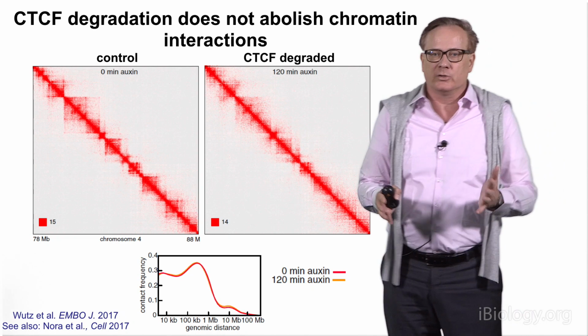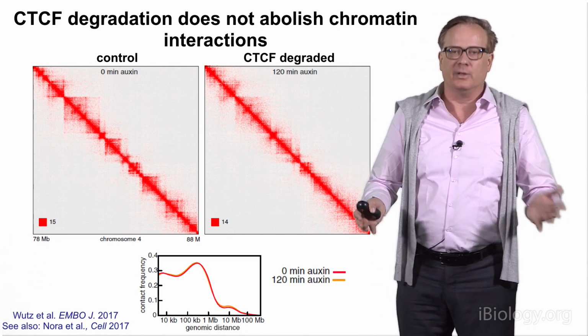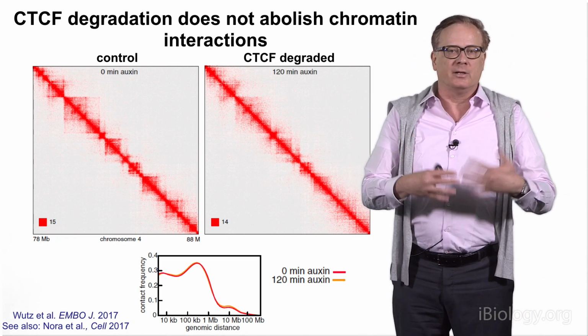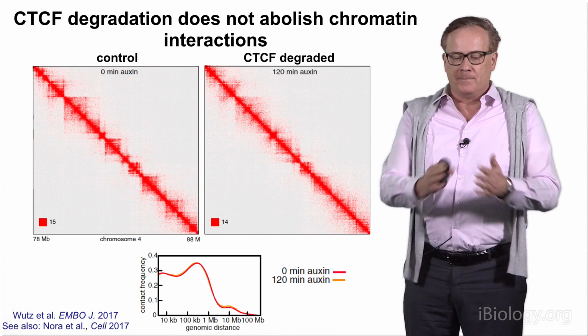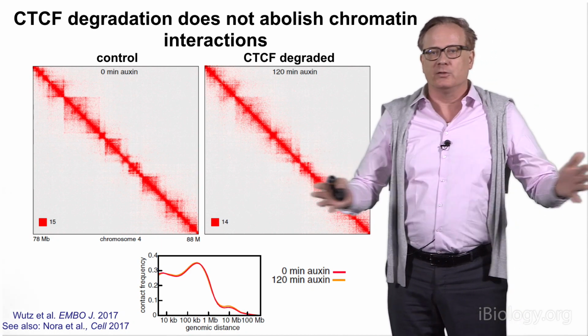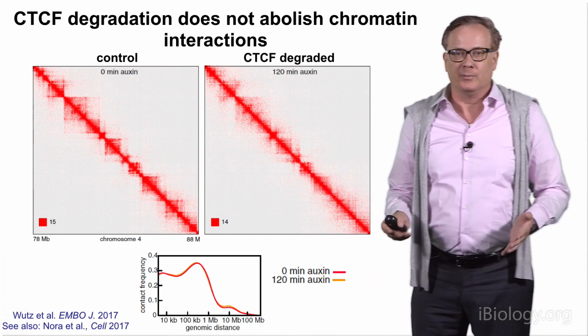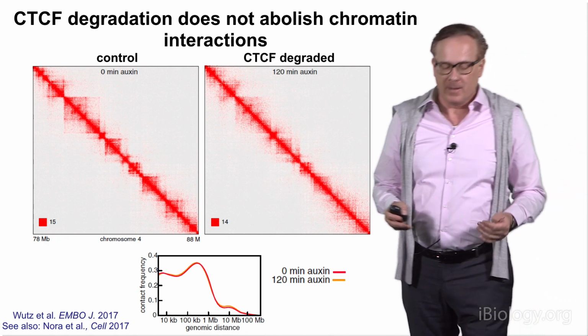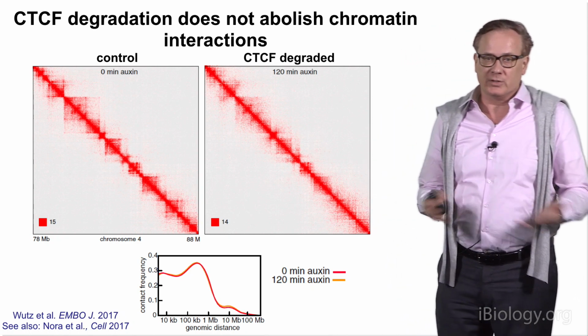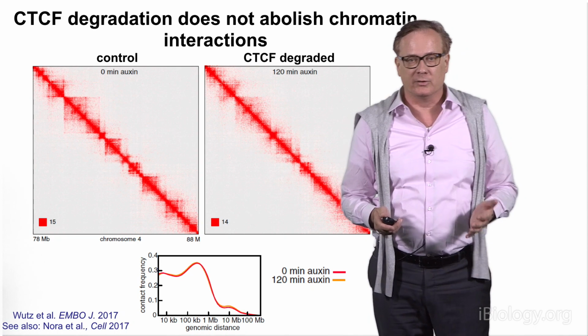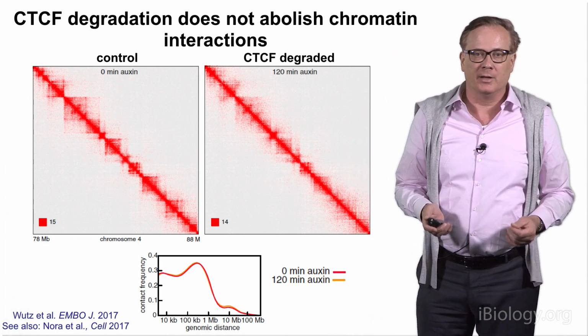So the result is there is no change. The interactions are still all being formed, their number is roughly similar, and their length distribution in the genome is also roughly similar. So that clearly tells us that CTCF can't be essential for the formation of these interactions. That's because we think cohesin is mediating them.